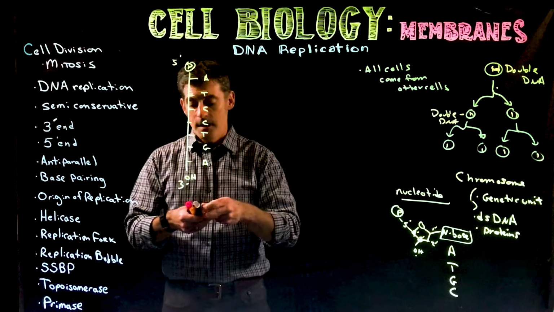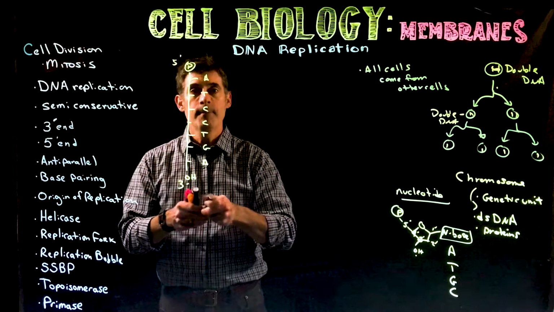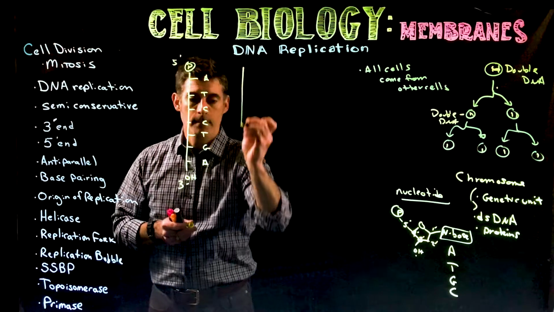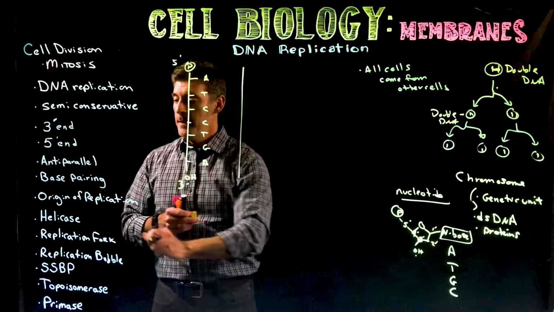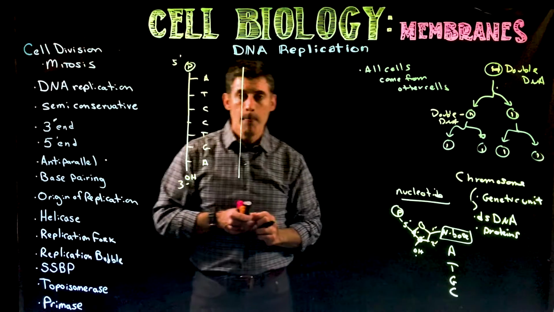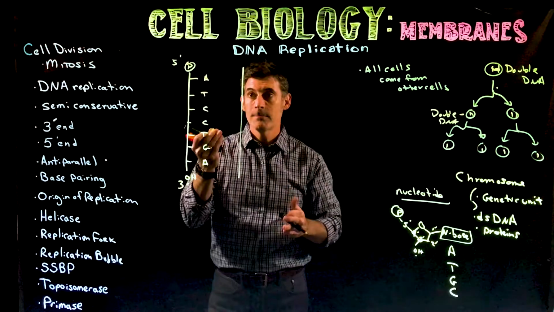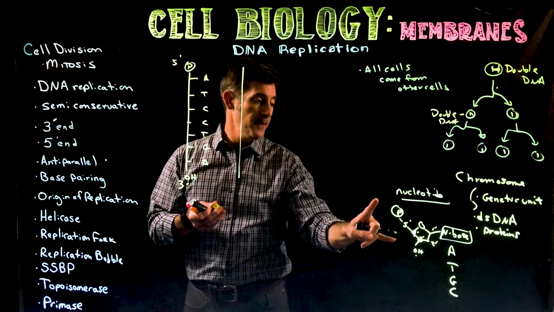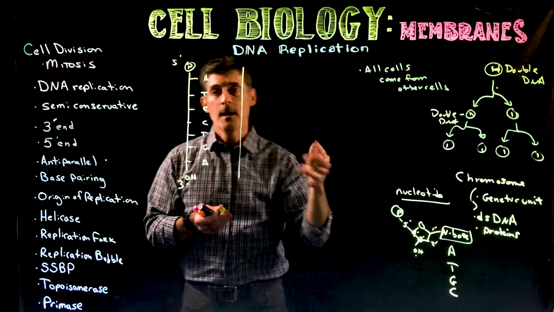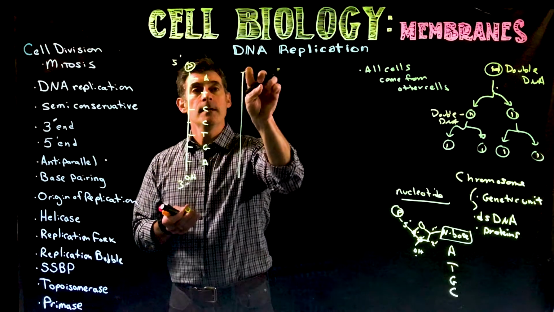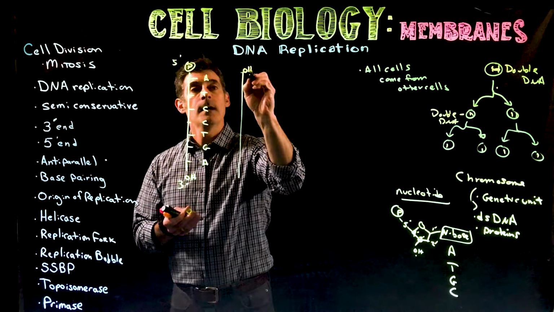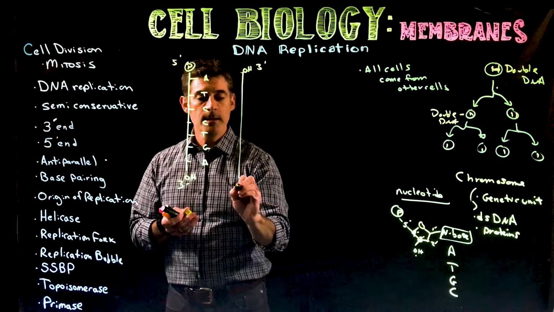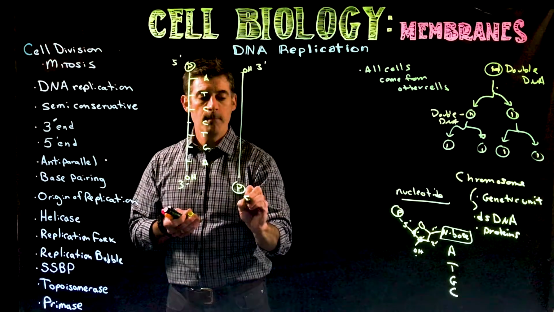So the other strand of the DNA here is going to be, if you remember, antiparallel. Antiparallel means the orientation of the phosphate and 3' OH is opposite. So at this particular end, up here, we're going to have the OH, that's the 3' end. And down here, we're going to have the phosphate, the 5'.